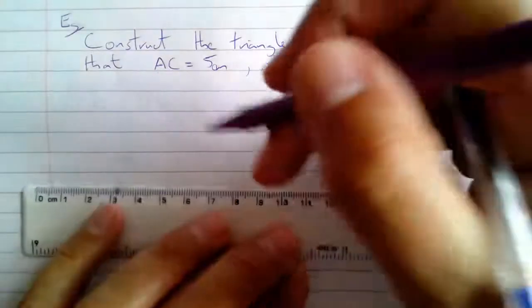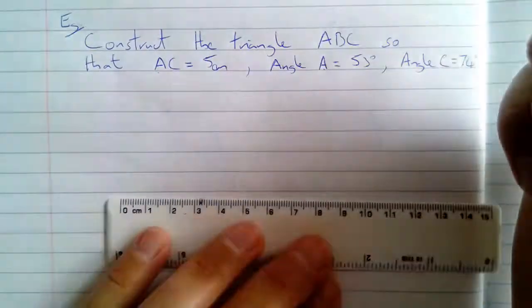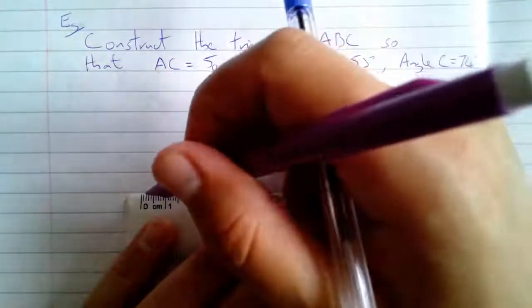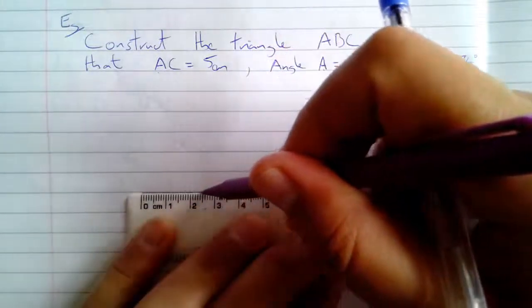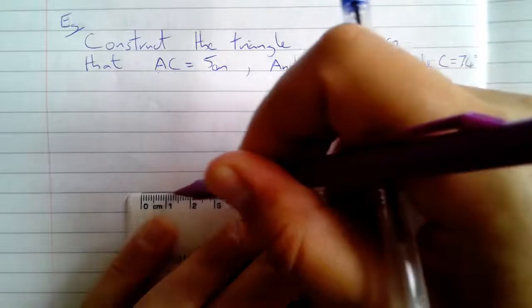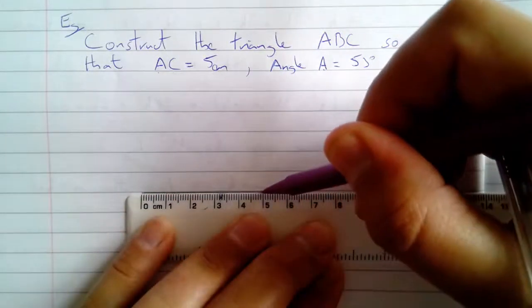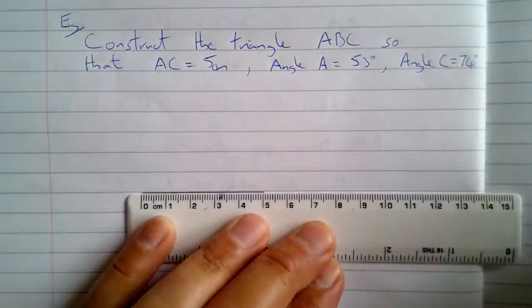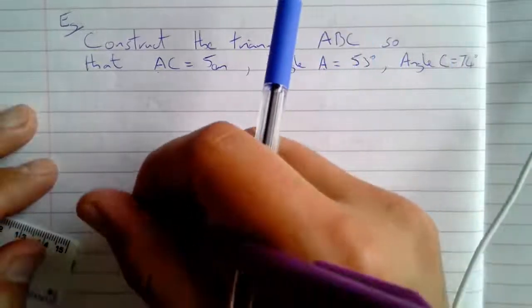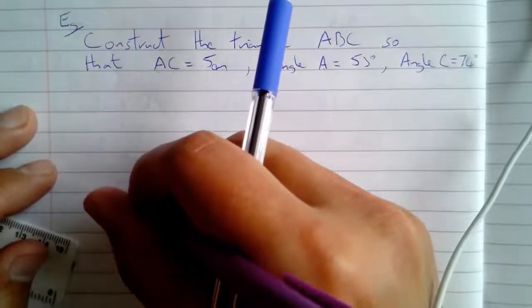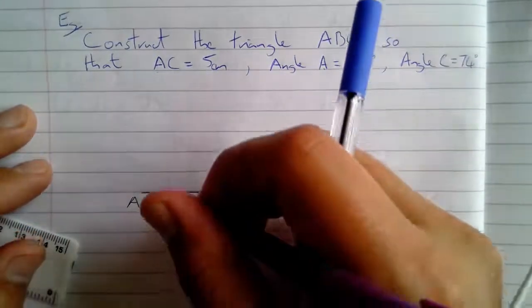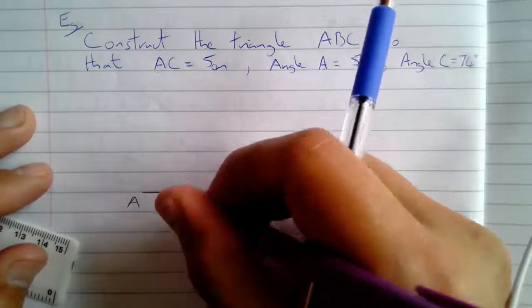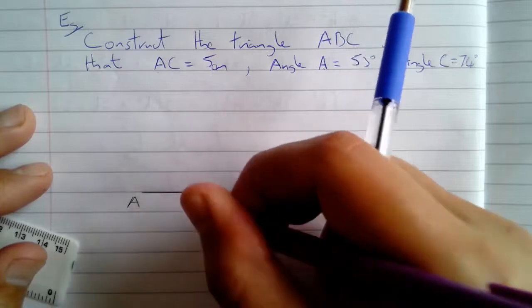So I'm going to start by drawing a 5 centimetre line, and I'm going to label that AC. There's 5 centimetres there. Make sure you use a ruler and measure this out exactly. It's then good to label the vertices. That's vertex A, that's vertex C, and this side length is 5 centimetres.